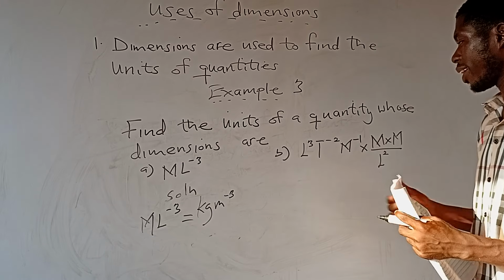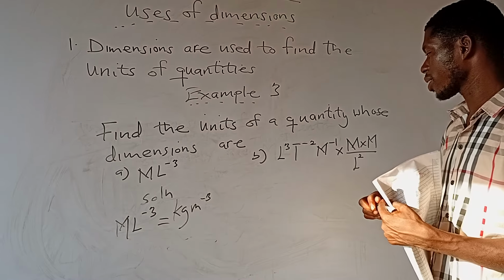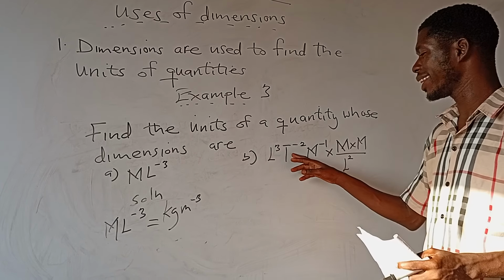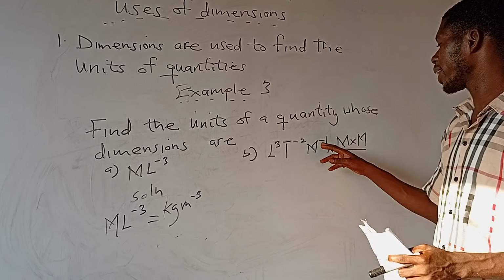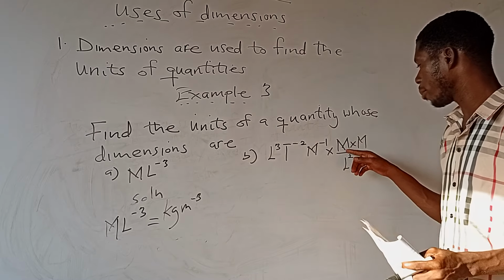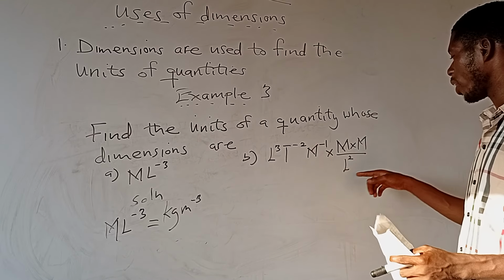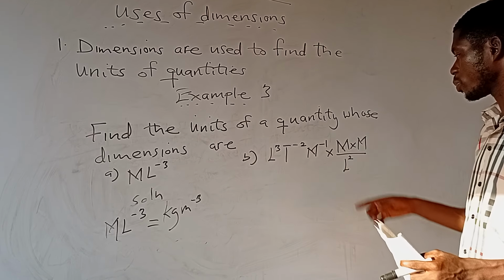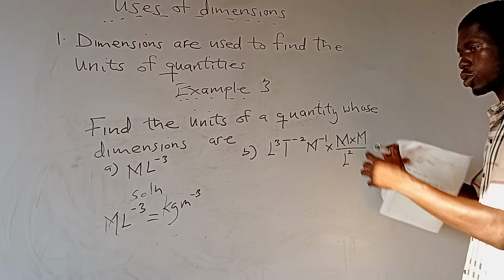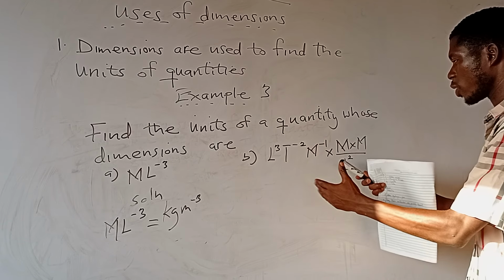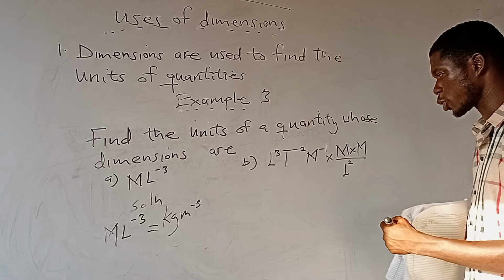So we have L to the power 3, T to the power negative 2, M to the power negative 1, multiplying M times M, all over L to the power 2. Let's solve this one before we find the unit.